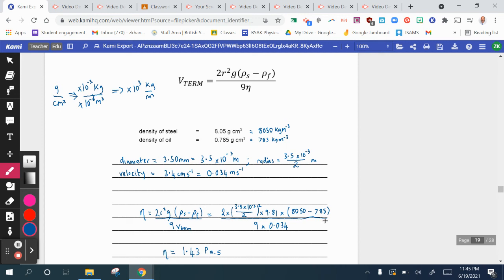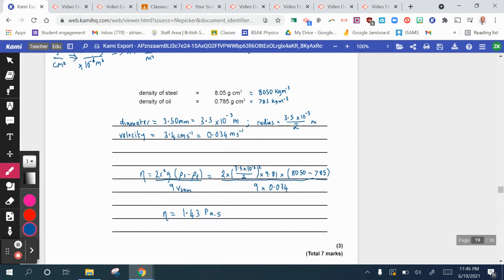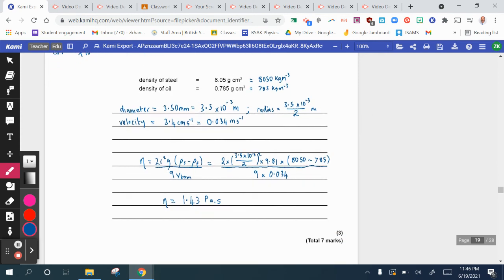That makes sense. So look at the numbers and think about whether they make sense.